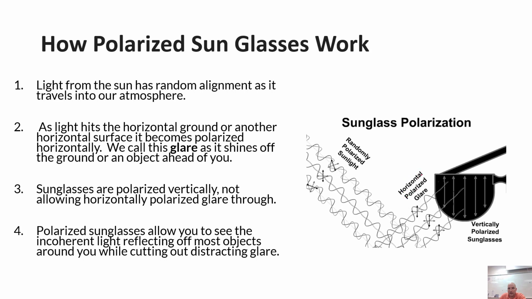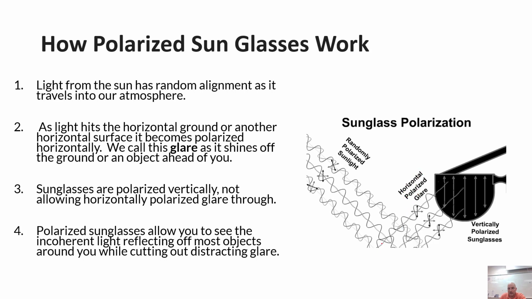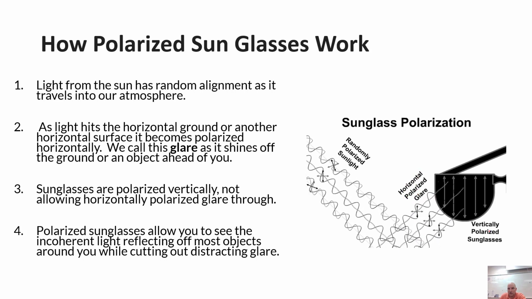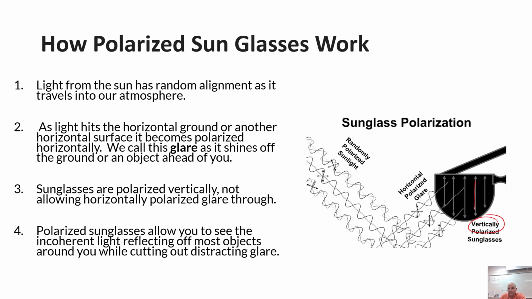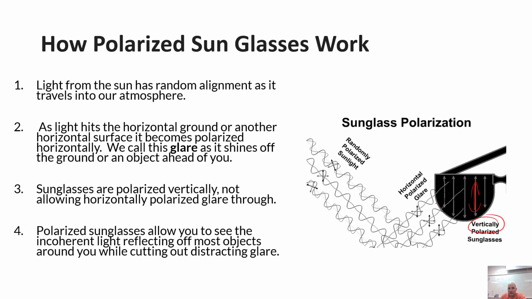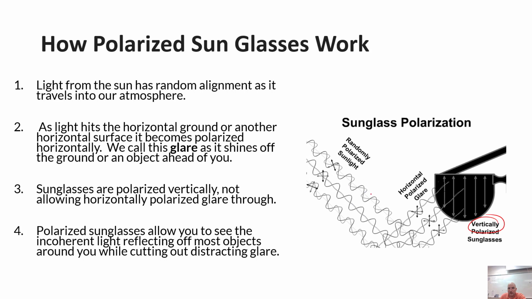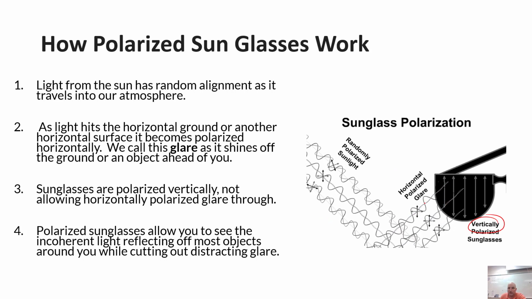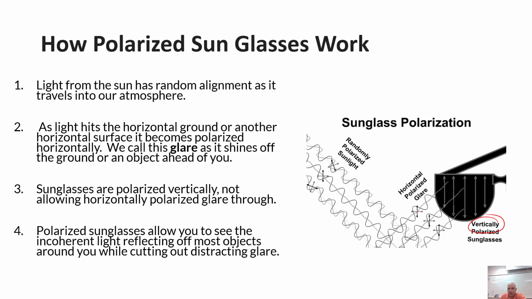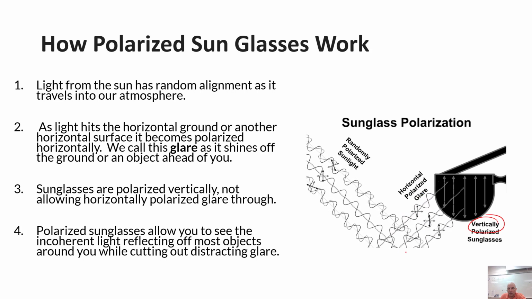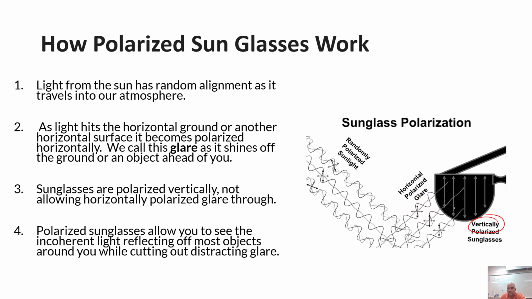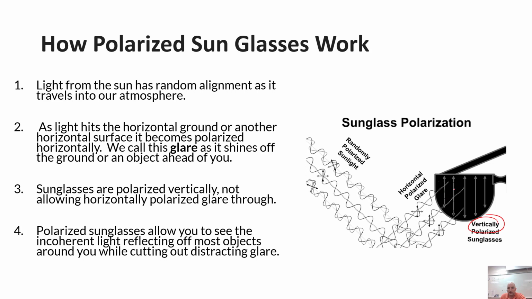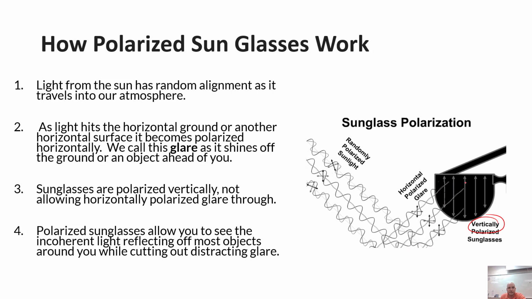And if you have horizontally aligned light coming at you, and you have vertically polarized glasses, you're going to end up cutting out that glare. You'll still let all the different random angles come through, but you're going to cut out 100% of the horizontally aligned light that's coming off the ground or off of a car in front of you, and therefore your sunglasses will help you cut out that glare, and you won't see that extra glare.